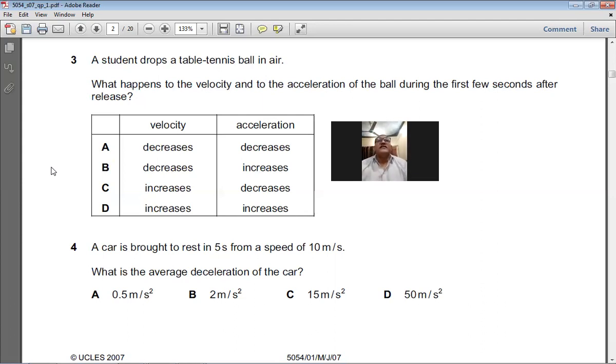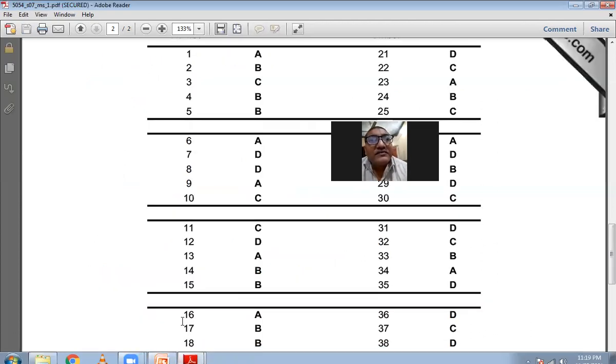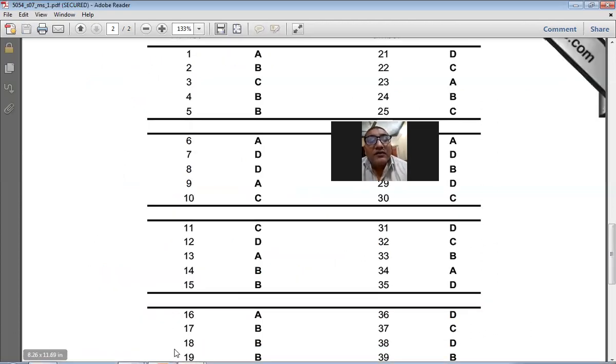The main reason is that the body is speeding up, it's gaining velocity, so the air resistance is also increasing. That's why the resultant force is decreasing. That's why the acceleration is decreasing. So the velocity should be increasing and the acceleration should be decreasing. So we think that C is the choice. So let's check. Yeah, our answer is right.